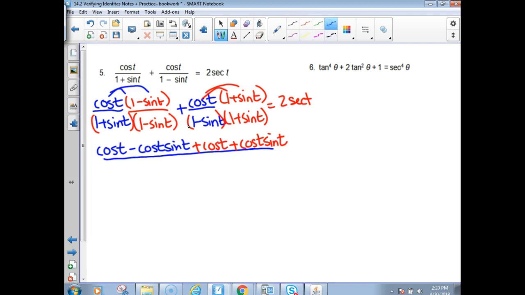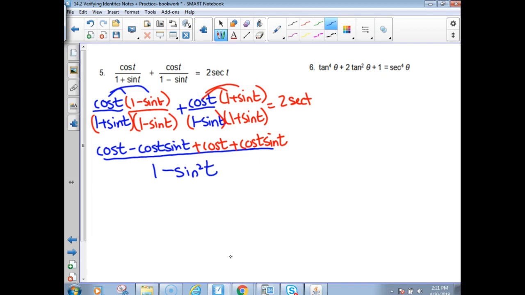In the denominator, if you multiply conjugates, the middle term drops. 1 times 1, 1 times negative sine, 1 times positive sine. Those are going to be opposites, so they wipe out. Last, you'll have sine times negative sine, so it's going to be minus sine squared t. Okay, now look at what you got in your numerator.